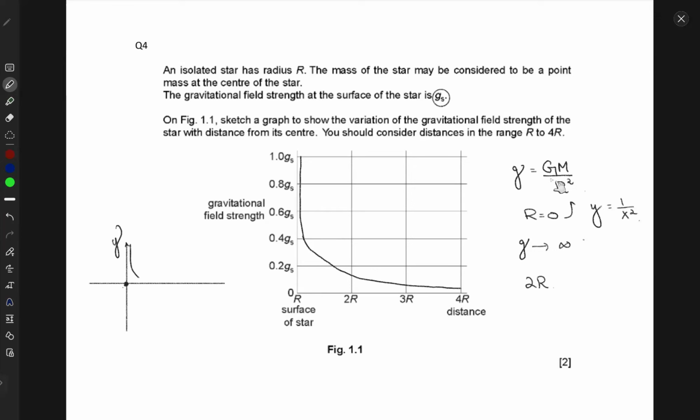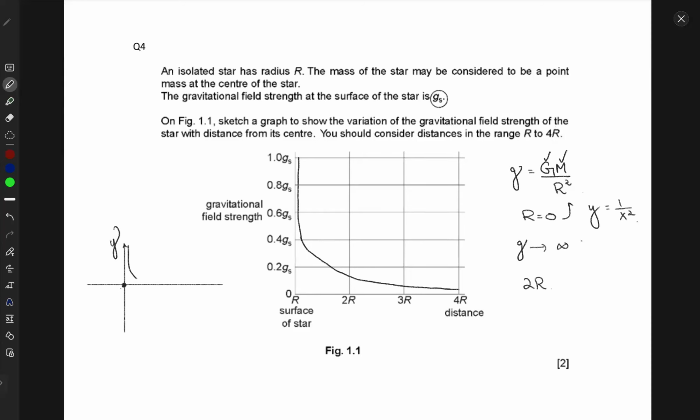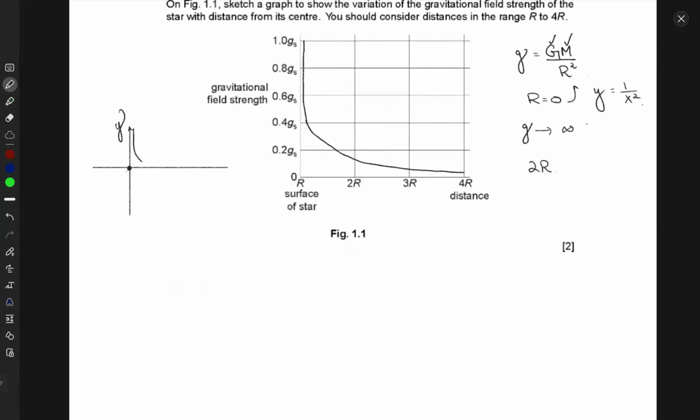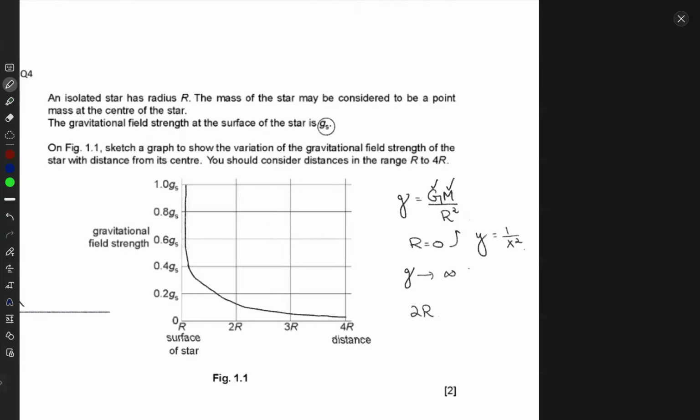The reason is that G and M are constants, so we are only seeing how g changes with varying distance r. It will look something like the graph of y equals 1 by x squared. So is that clear? Yes. Okay, great.